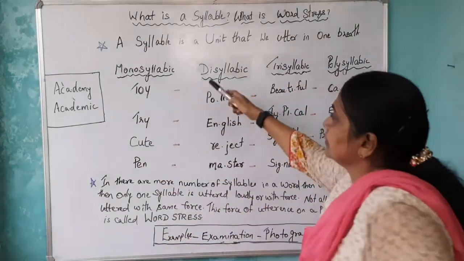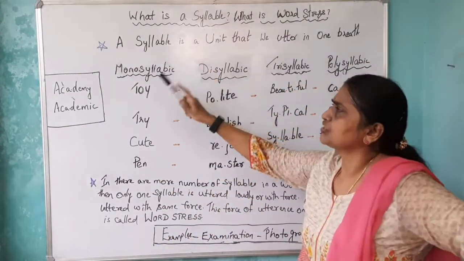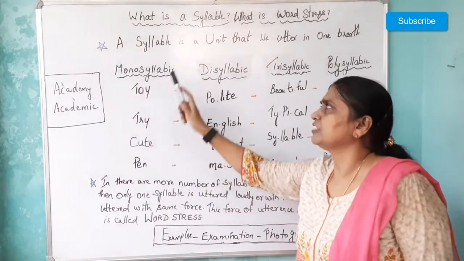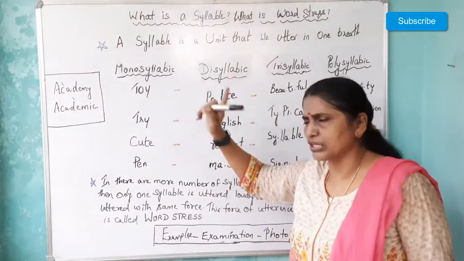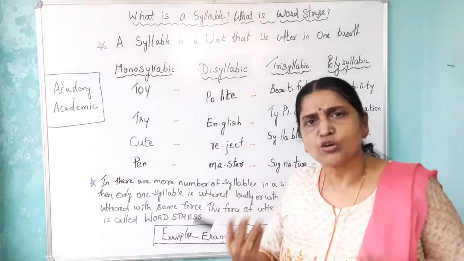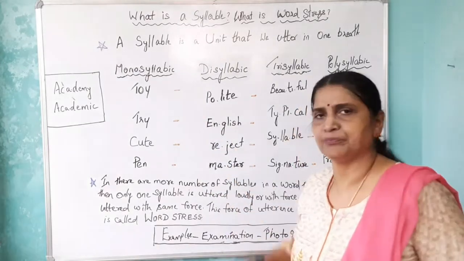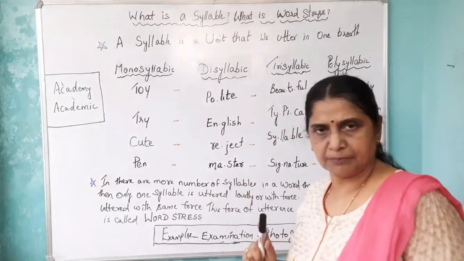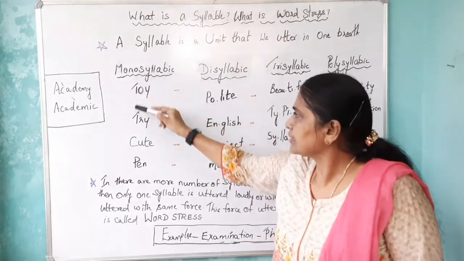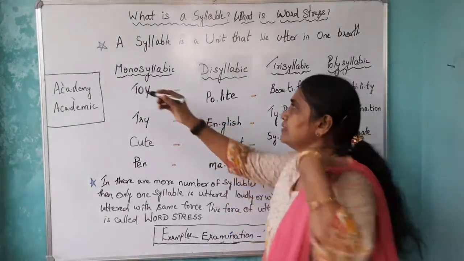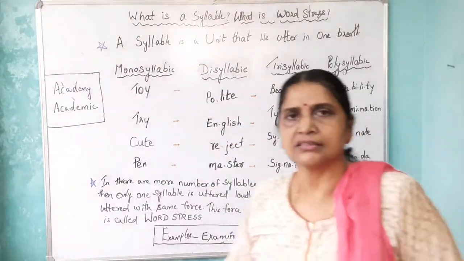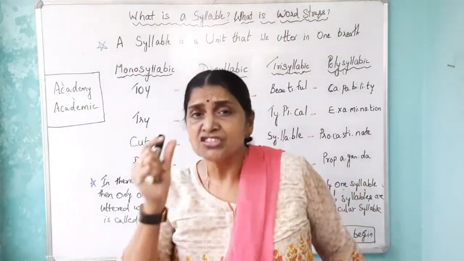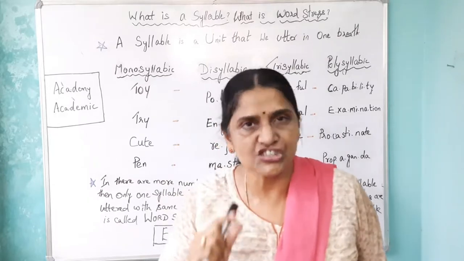Okay, now see, for example, word stress is not applicable to monosyllabic words because anyway there is only one syllable. You are going to stress that syllable. Toy, try, cute, pen. So automatically the stress is indicated. You have to place a line on the syllable where it is stressed.